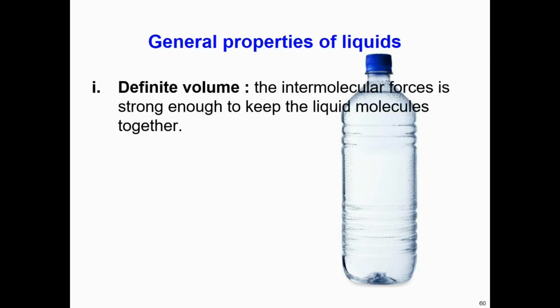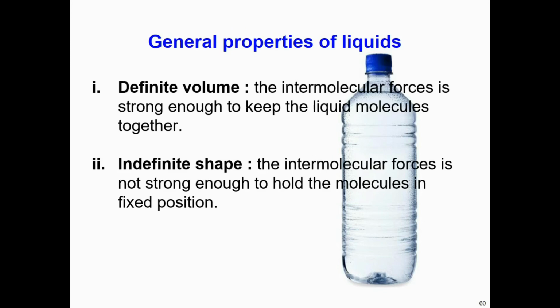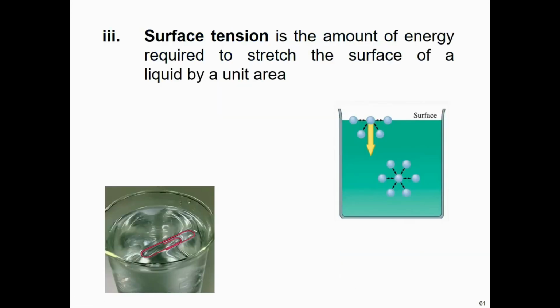Liquids have definite volume, meaning that the intermolecular force is strong enough to keep the liquid molecules together. And it has indefinite shape, meaning that the intermolecular force is not strong enough to hold the molecules in a fixed position. It means that it can change the shape according to the shape of the container.